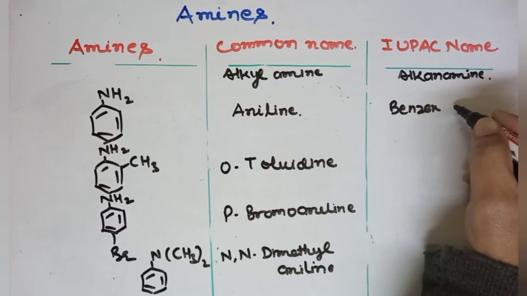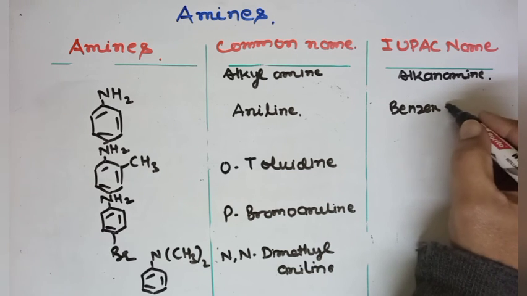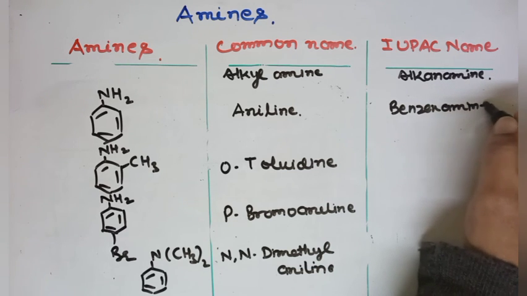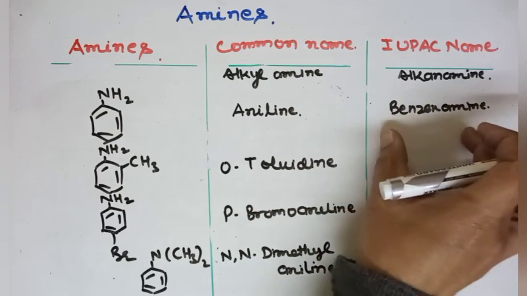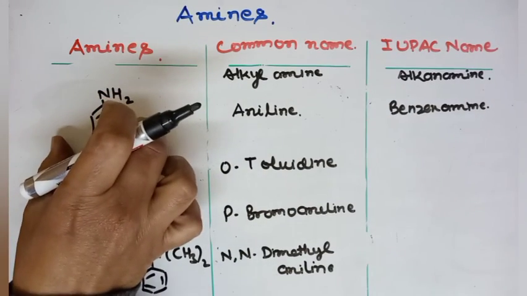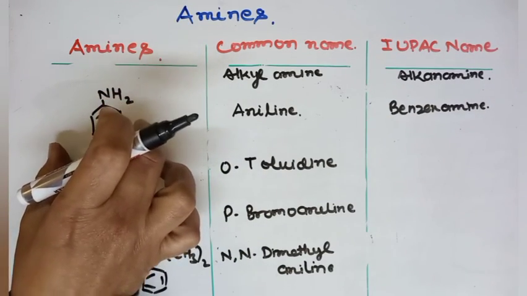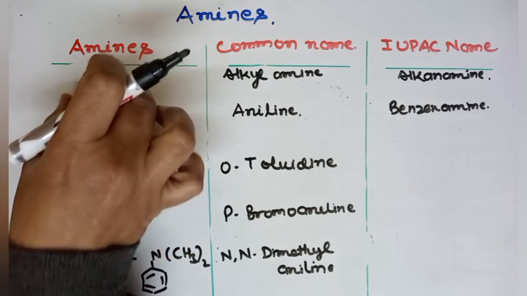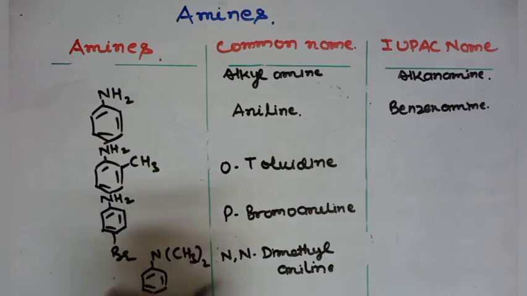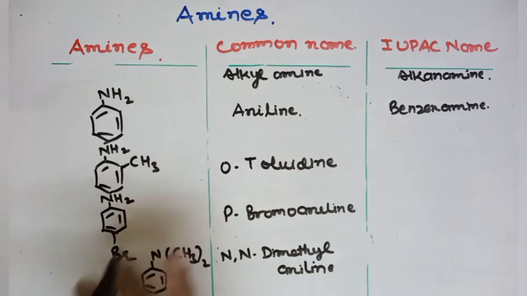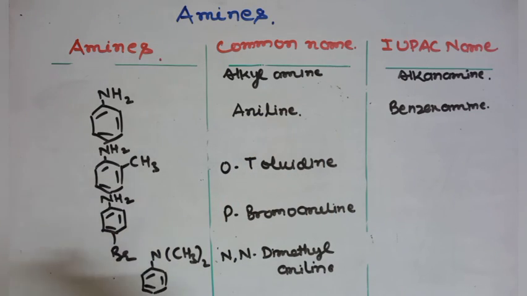This benzene amine is mentioned in NCERT. I feel it's better to write aminobenzene, taking benzene as the parent and the amino group as a substituent. So let us use the term which is used in NCERT.